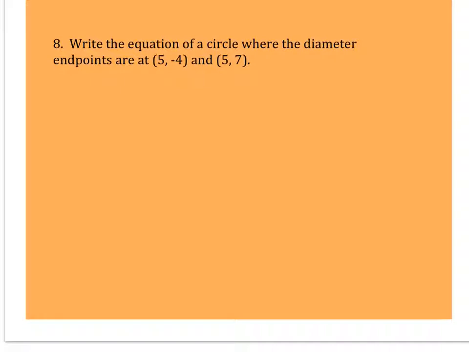Write the equation of a circle where the diameter is this: (5, -4), (5, 7). I need to figure out the distance and cut it in half, or look at a graph and see if that helps me. Hey, actually I want the midpoint. To figure out my center, I want the midpoint.